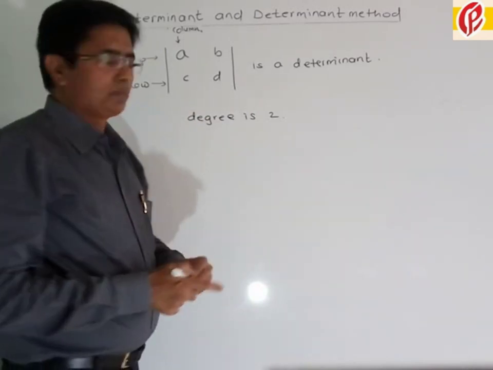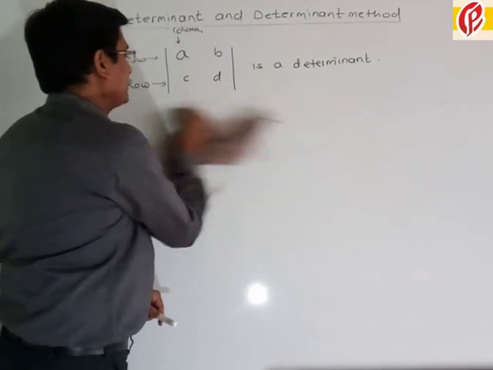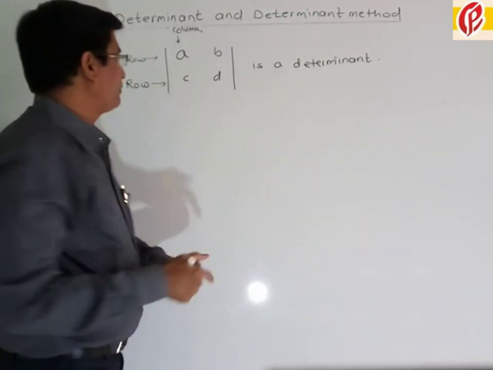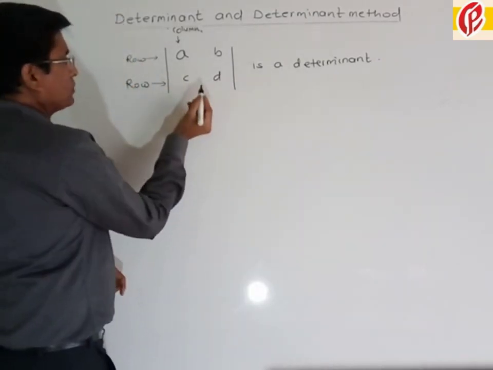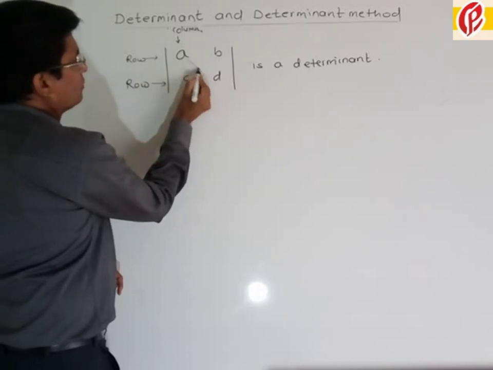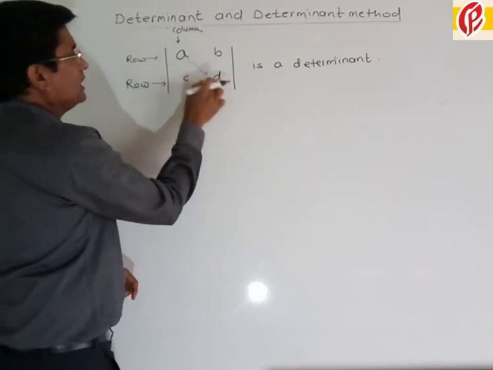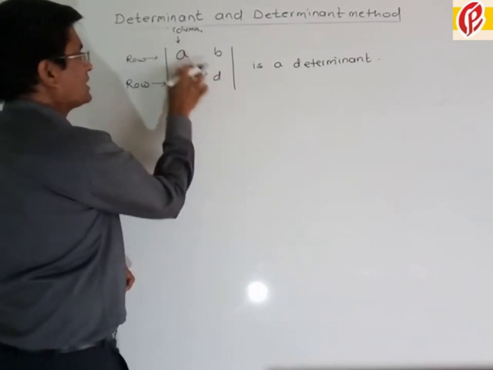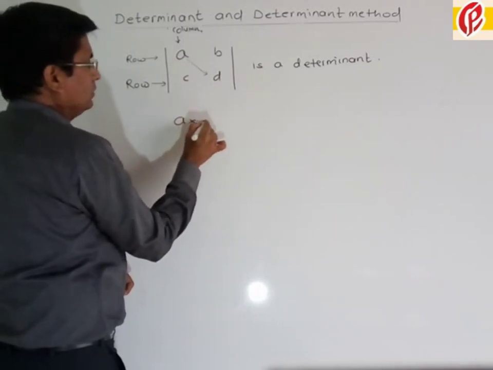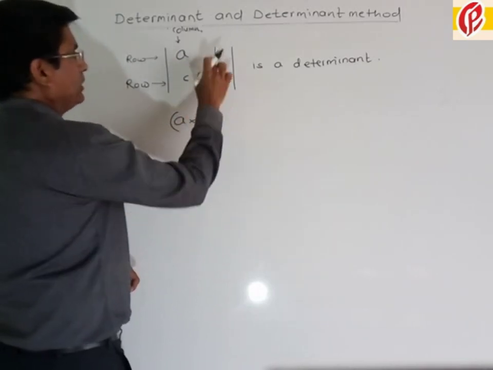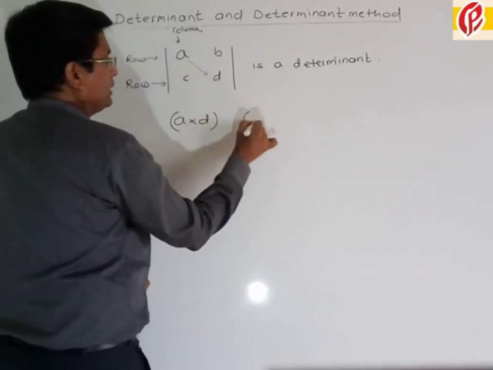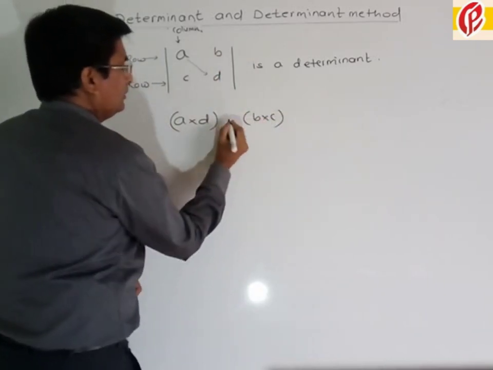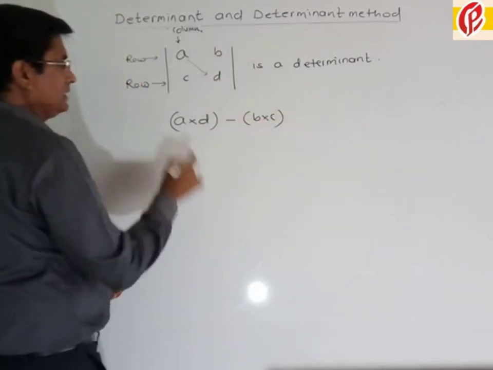Now how to find the value of this determinant? There is a formula: multiplication of cross elements. The first multiplication is a into d, and the second multiplication is b into c, and between them a minus sign.